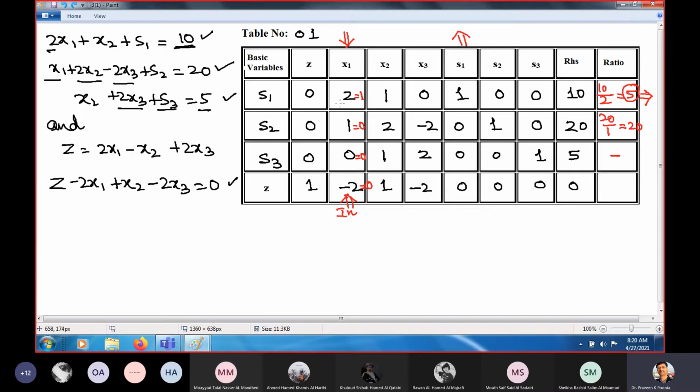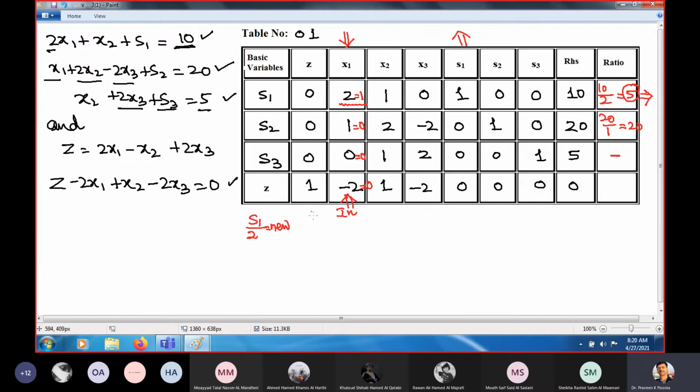So the first step we are going to do is to change this into 1. Now, how can we change this into 1? S1 by 2. And dear friends, we call it the new row.